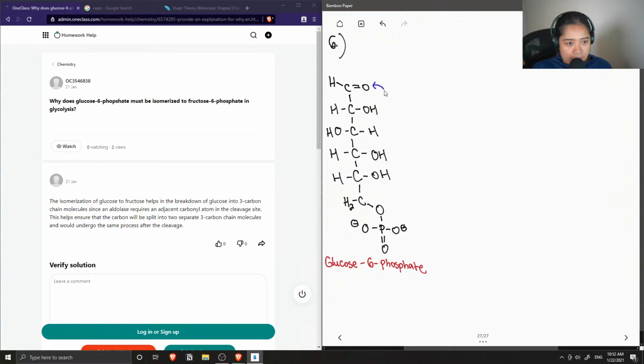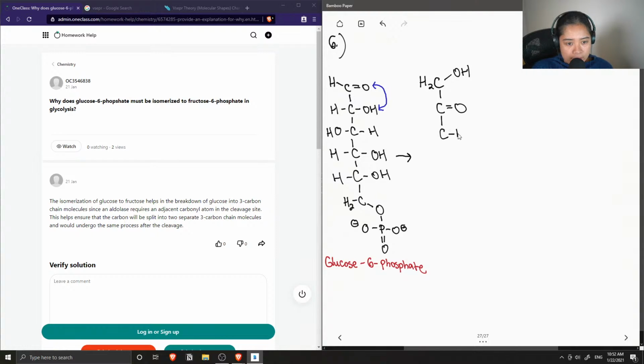So let me show the isomerization using those arrows. And then I'll also draw the structure of fructose 6-phosphate. So with fructose 6-phosphate, our alcohol group is now on carbon 1. And there's now a ketone on our 2nd carbon.